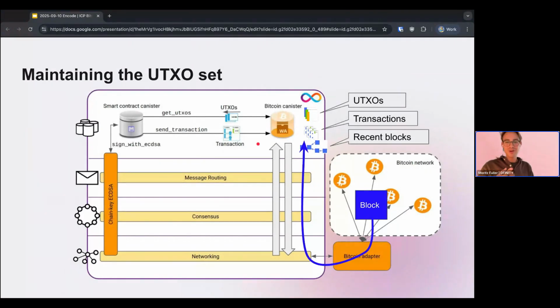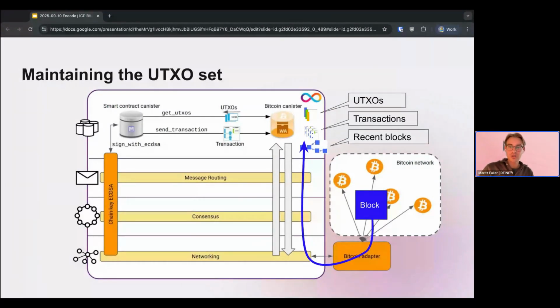The block making replica, or the block making node of this round, provides the blocks that the Bitcoin canister requested, basically through consensus, to the Bitcoin canister. That way, the Bitcoin canister knows that the other nodes in the subnet also saw those blocks, so it can trust the blocks, and it can also trust the transactions contained therein.